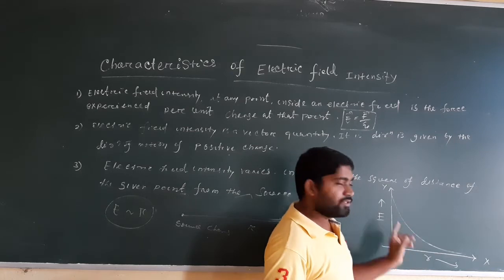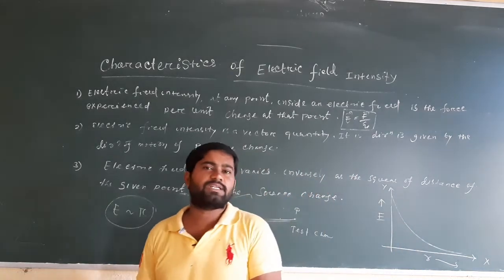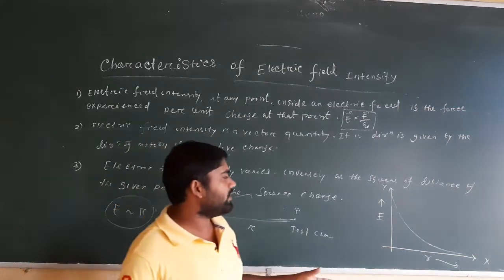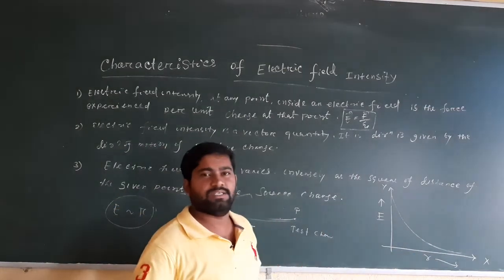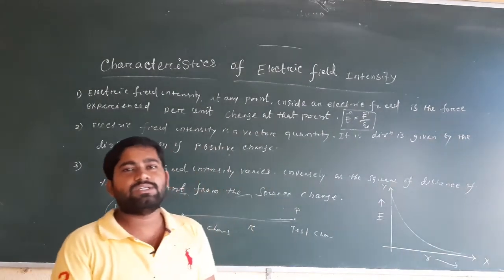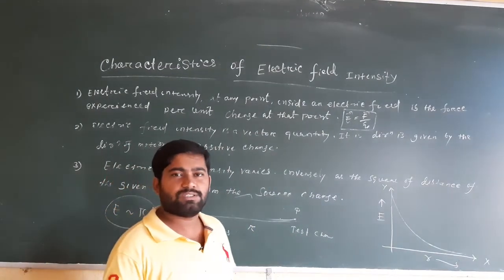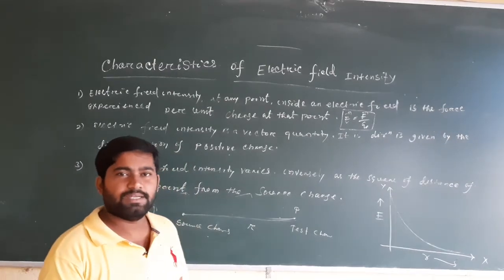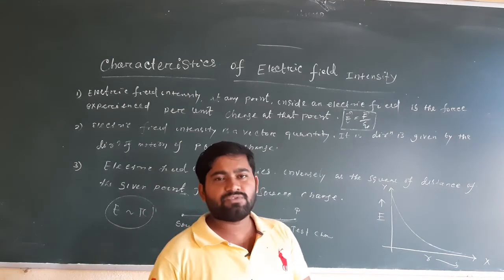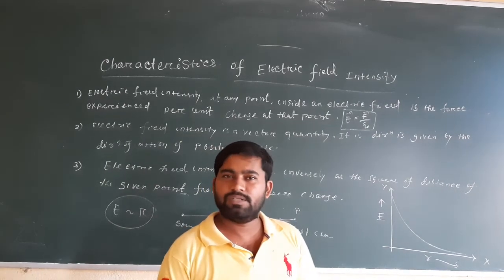As we increase the distance between the source charge and the test charge, the electric field intensity gradually decreases. So there is an inverse relation between the distance from the source charge and the electric field intensity.